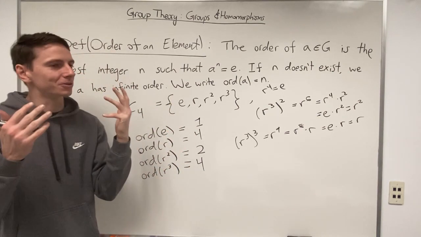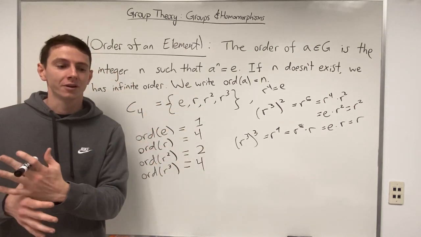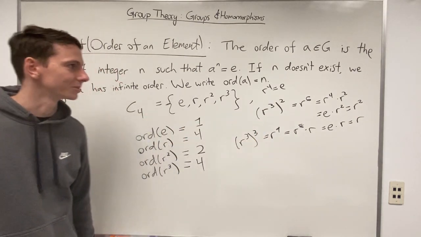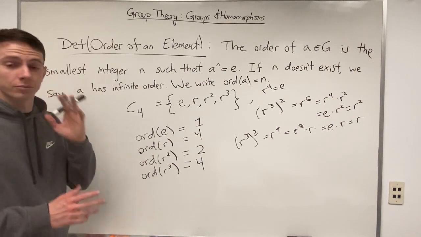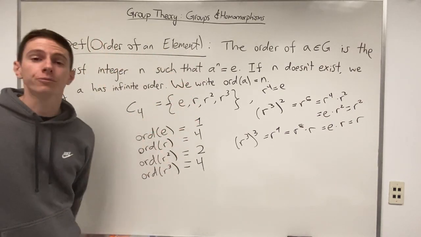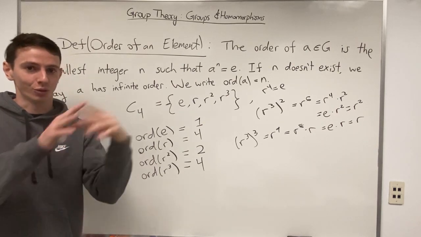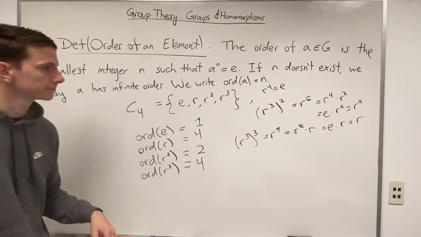And it seems like there should be some sort of connection between the order of an element and the order of a group. Otherwise, why would we call those the order of anything in the first place, right? And what we're going to see, I'm going to write out a claim real quick that's going to show that, well, it turns out there is a connection between the order of an element and the order of a group. So let's go through that next.